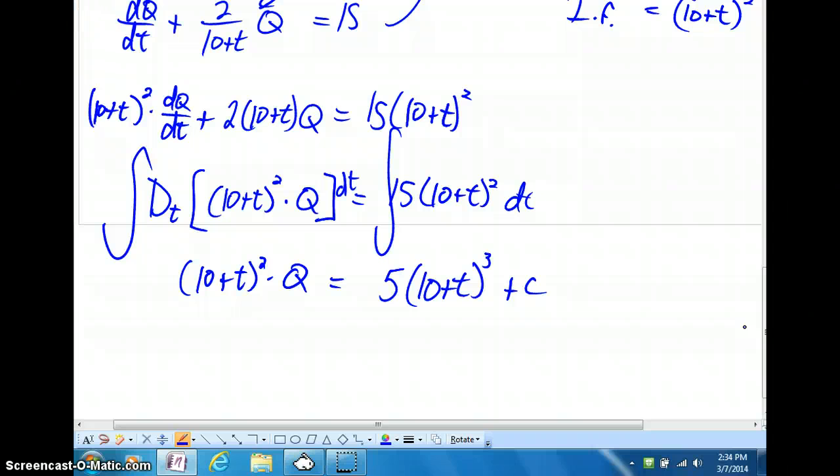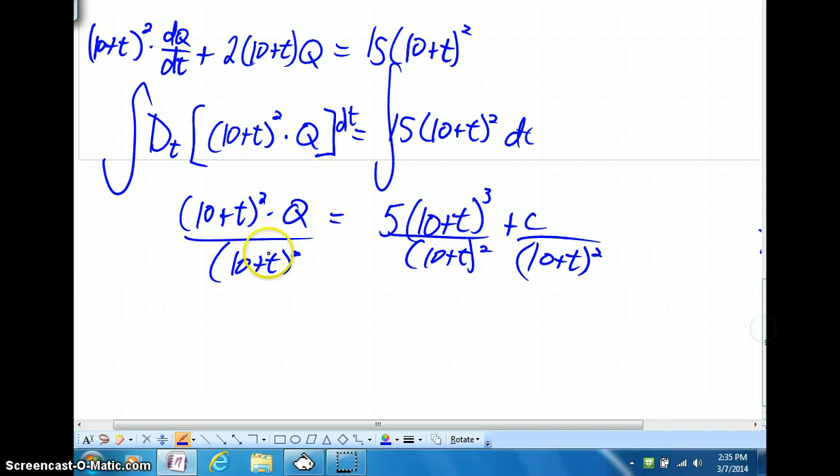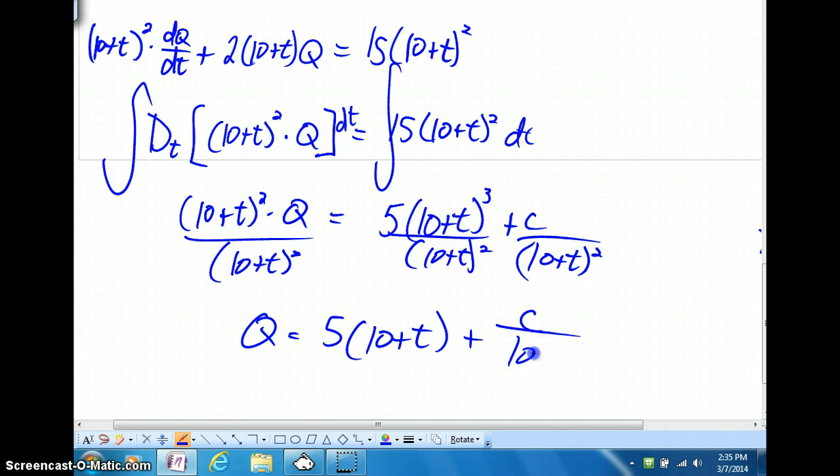Wow, we are so close to solving for q. Guess what we've got to do? Divide by 10 plus t, quantity squared. Even the constant gets that. All right, so we have q is equal to 5 times 10 plus t plus c, all over 10 plus t quantity squared.